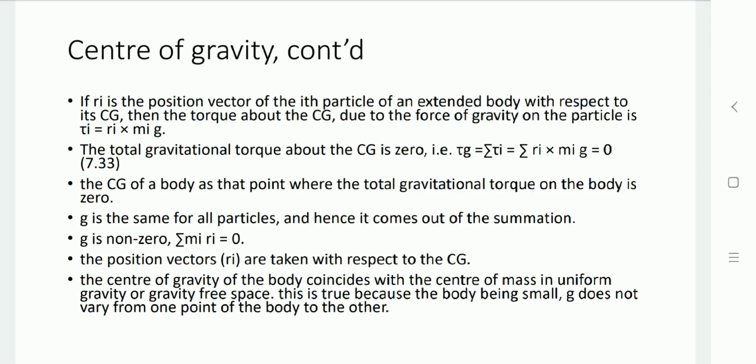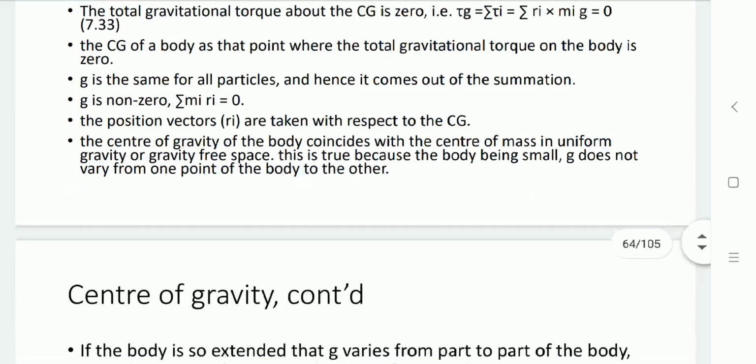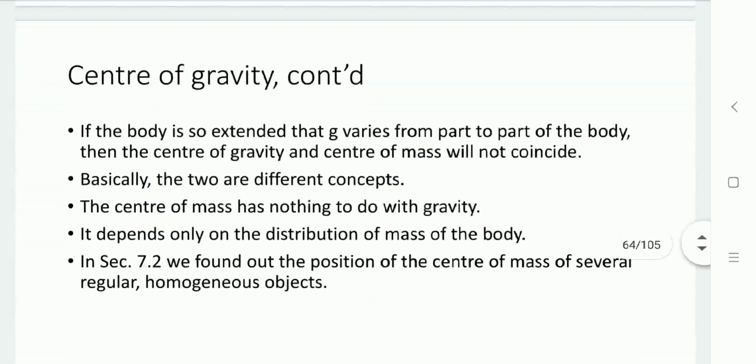The center of gravity of a body coincides with the center of mass in uniform gravity in free space, because for a small body g cannot vary from one point to another. If the body is extended, so that g varies from part to part of the body, then the center of gravity and center of mass will not coincide.